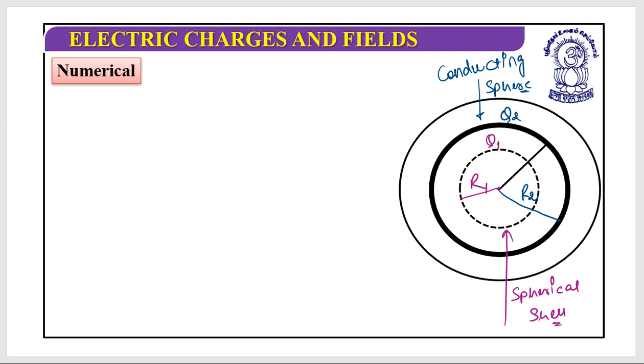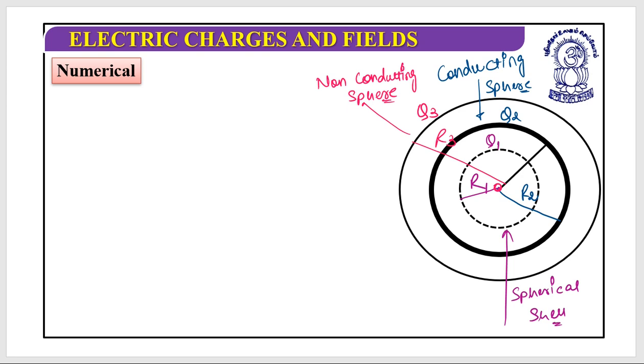And the third object which I can see is given a charge q3. It is a non-conducting sphere, and its radius will be r3.